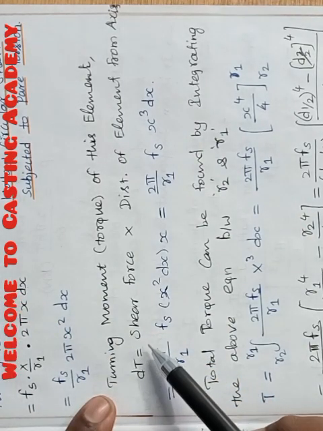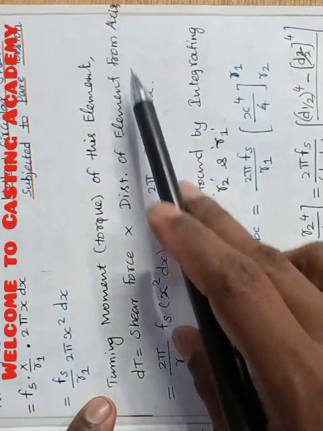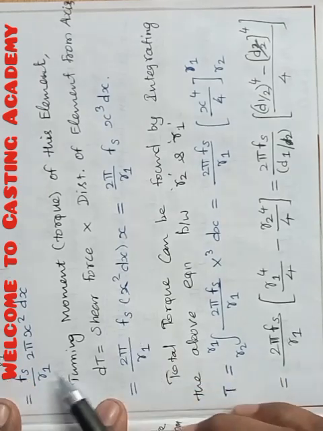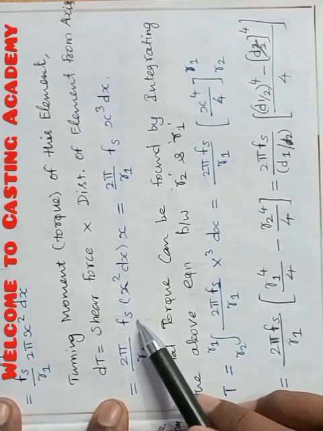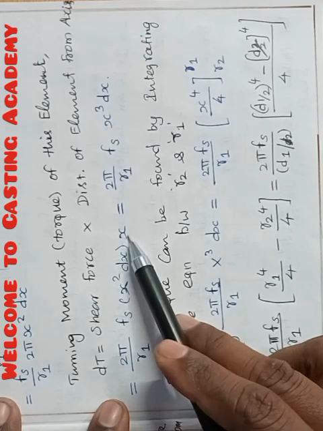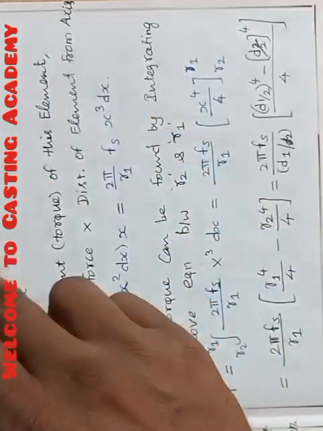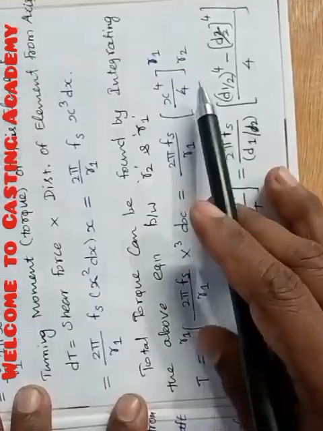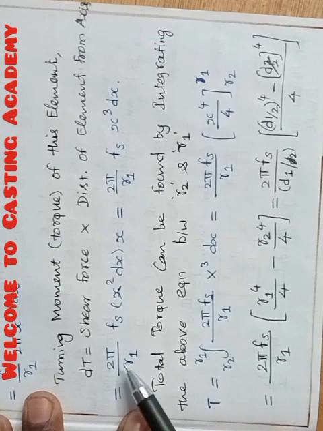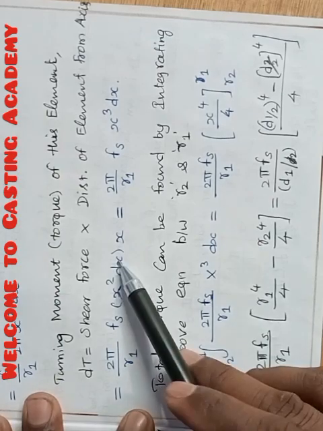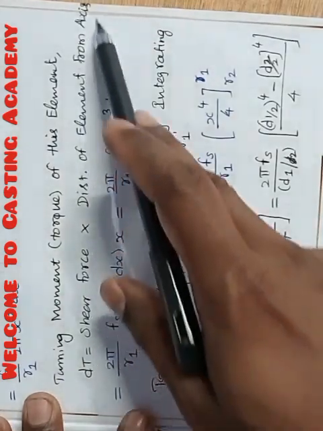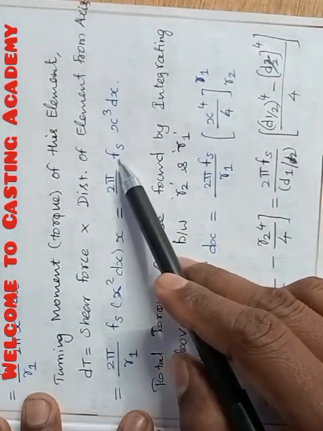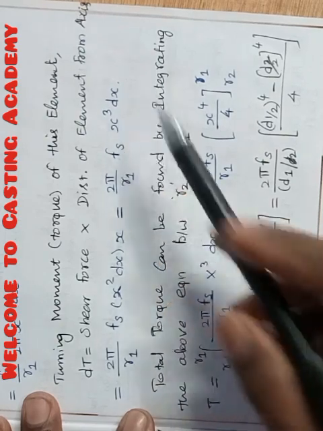So dT equal to shear force into distance of element from the axis, which is 2 pi divided by r1 into Fs into x squared into dx into x, where x is the distance from the center axis. So finally 2 pi Fs divided by r1 into x cubed into dx.